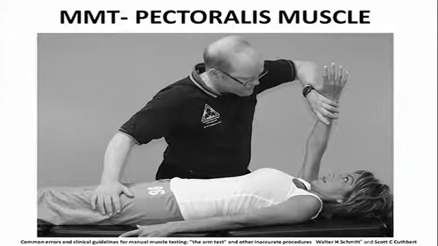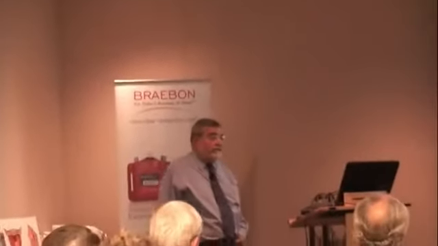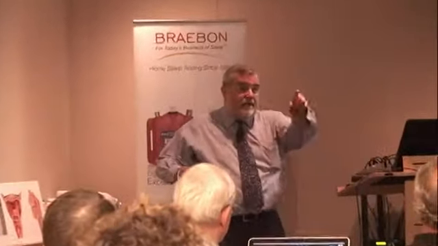This is what the Cybex dynamometer looks like. This is not a Cybex, this is a microFET dynamometer. We have one here if you'd like to see it, demonstrate it during a break. You're welcome to play with it and see how it works and what the reproducibility is. It's very interesting because, Jan, when you felt weak, for lack of a better word, when you felt inhibited, when you measure it, in the studies that Gloria and I did, it's the difference between maybe 30 and 26 pounds of pressure.